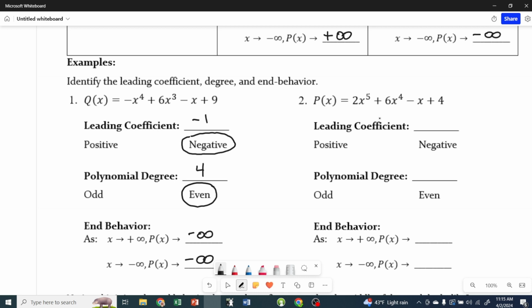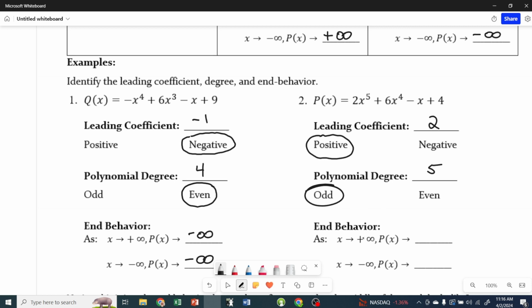Our next one is 2x to the fifth plus 6x to the fourth minus x plus 4. This lead coefficient is 2, which is positive. The degree of the polynomial is 5, which is odd. So this means one side's going to be going down, the other side's going to be going up. If we start from left to right, this is going to be going up from left to right.